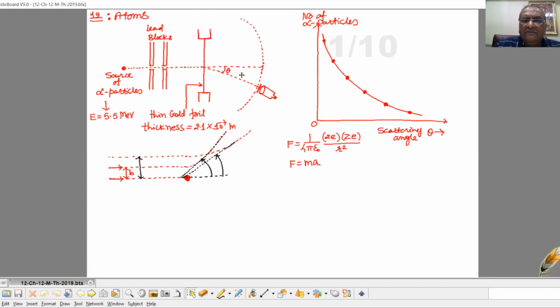So here they calculated the number of alpha particles scattered at different angles of scattering, and then they plotted the graph of the number of alpha particles scattered at different angles of scattering.